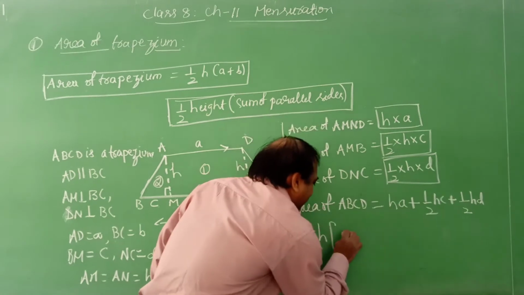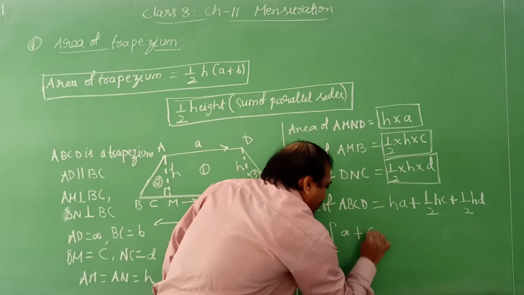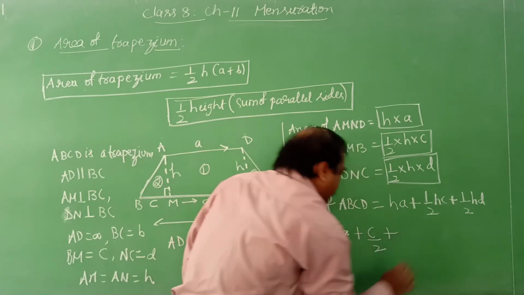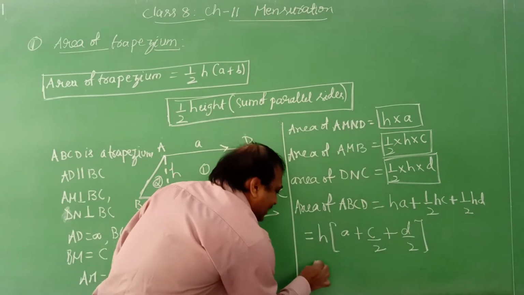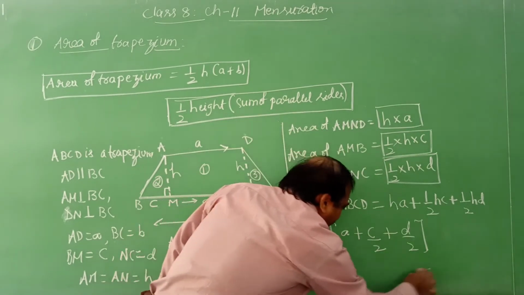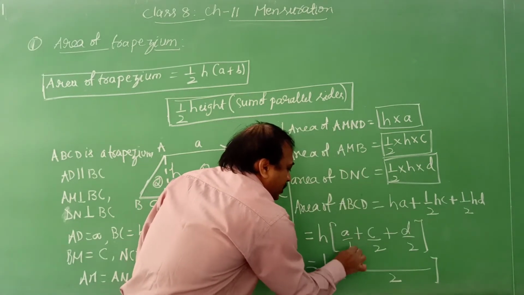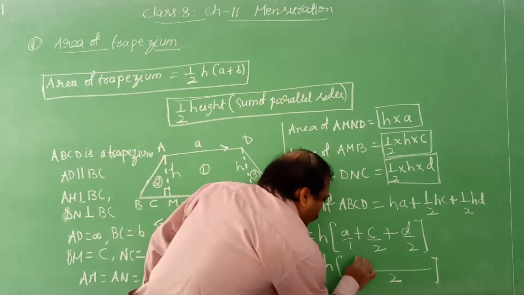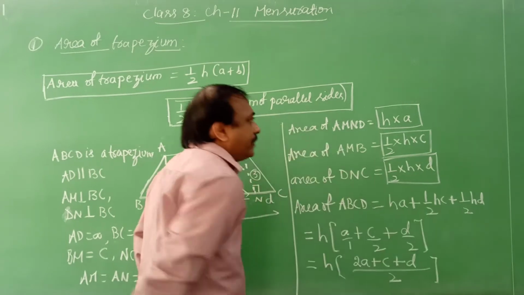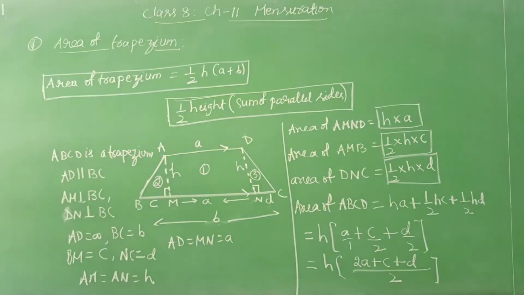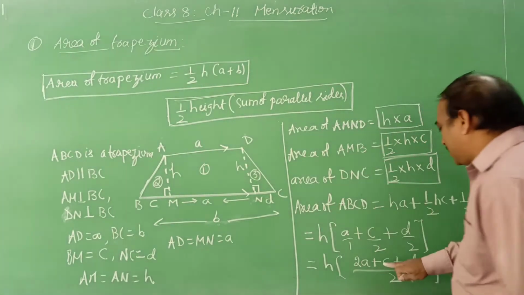Then inside we have A plus C by 2 plus D by 2. Take LCM. H into LCM will be 2. Then 2 times A, 2A plus C plus D. Now 2A plus C plus D you got.